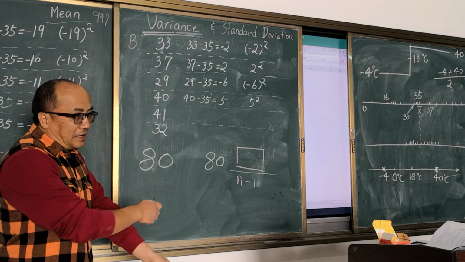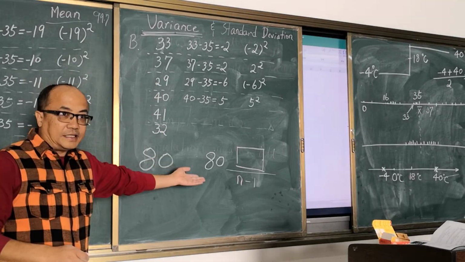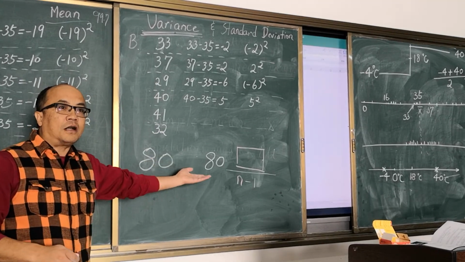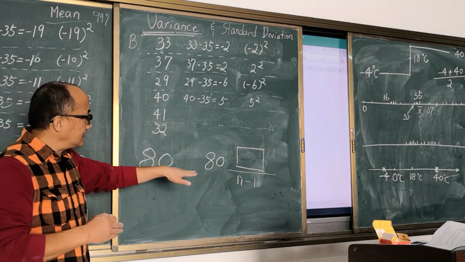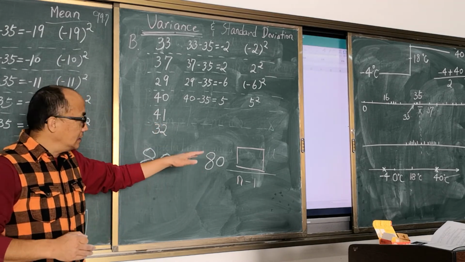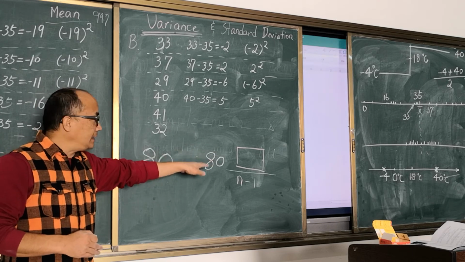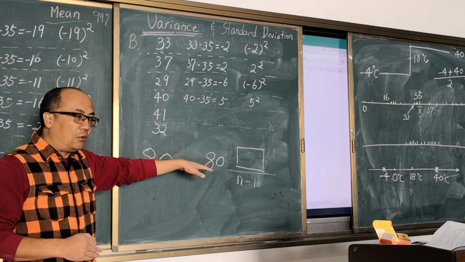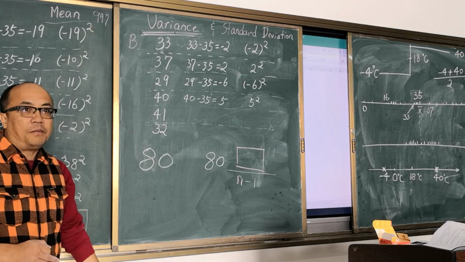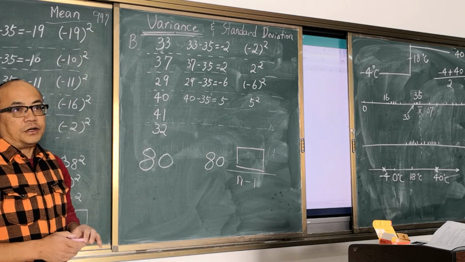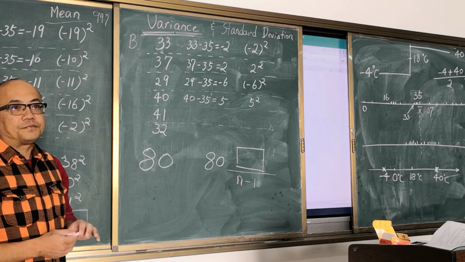Okay, so here is a better point. The variance is important. If two classes, one class is more or less 80 scores, 70, 80 something, 90, 100 is even better. But if you are too much up and down, the teacher is not doing a good job.